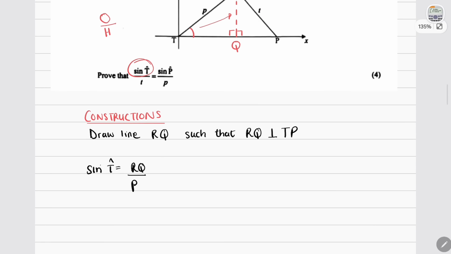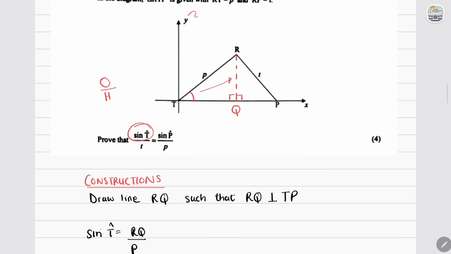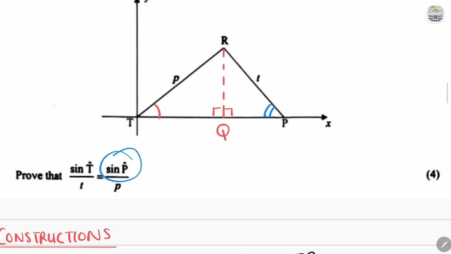Great. Another thing I see they have is the sine angle P. So let's look at that. Here's angle P over here, right? You need to take the opposite side over the hypotenuse.